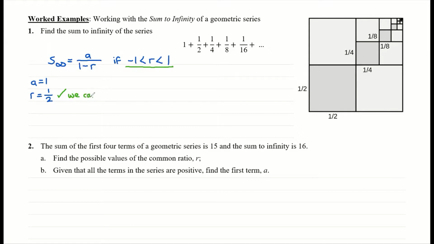So we can use S infinity, so just make a note, it has to follow that restriction. So let's do it. The sum to infinity is just going to be a, which is 1, over 1 subtract 1/2, which is 1 divided by 1/2, which is equal to 2. And there you've got it. So that's your sum to infinity there.